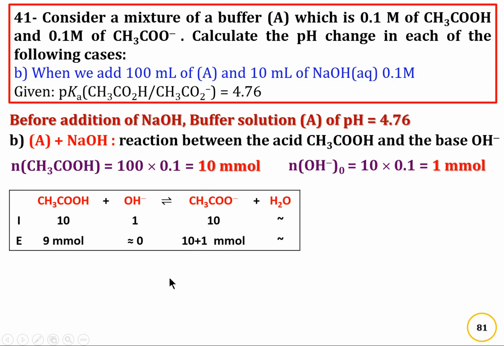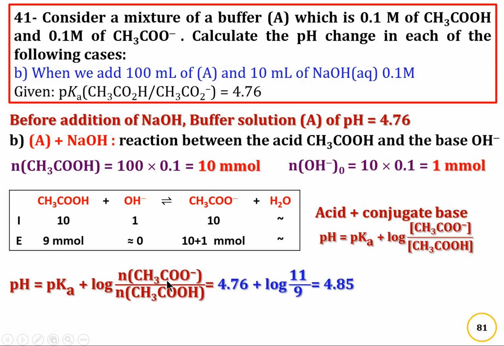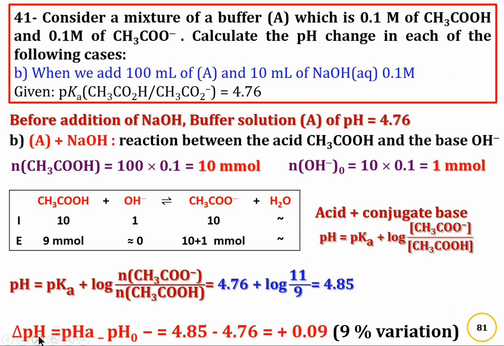By the same way, we have the acid and its conjugate base, so the pH equals pKa plus log of base over acid, equal to 4.76 plus log 11 divided by 9, equal to 4.85. So the variation of the pH is equal to the pH after addition minus the initial pH, and in this case equal to plus 0.09.